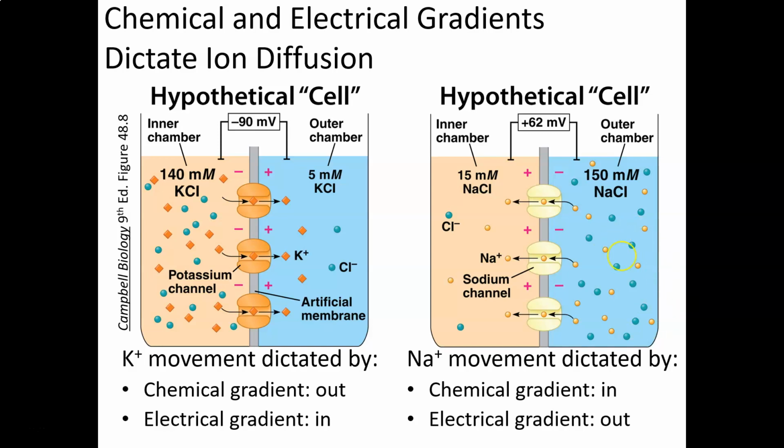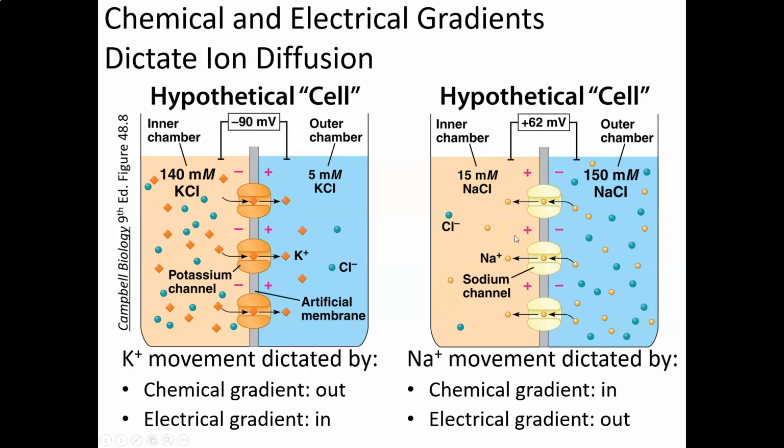And that's because of a concept which is similar to electrostatic attraction, but in this case it's electrostatic repulsion. Since we're trying to move a positive sodium, a cation, into the cell, which is becoming more positive, the same charges repel each other, and it gets harder and harder to move sodium into the cell.